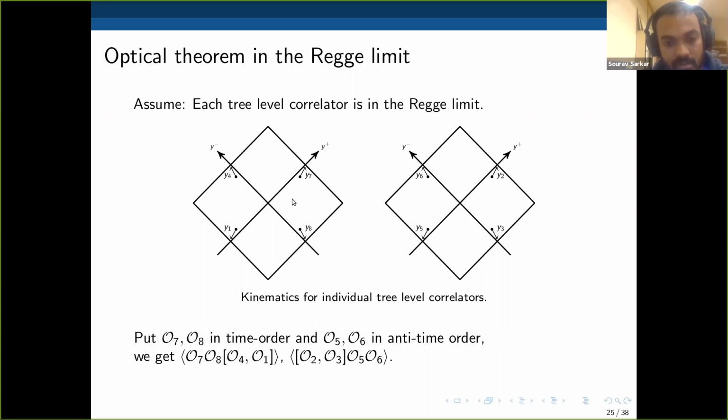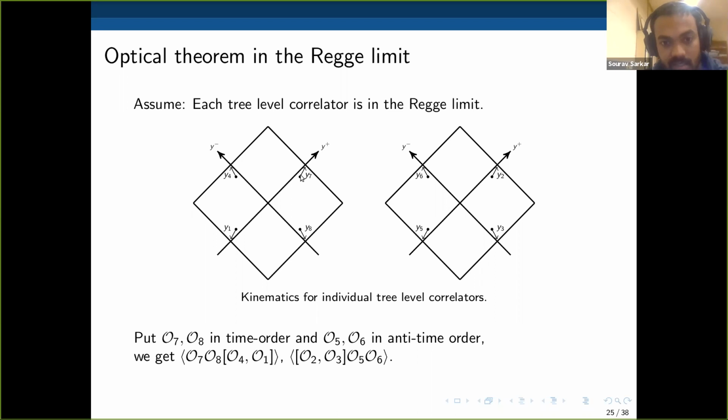And this would mean the following configuration that we show in this picture for the tree level correlators. Now y1 and y7 are these pairs that approach light-like separation, and y4 and y8, and similarly for the other correlator. So what we want to do now is also analytically continue.